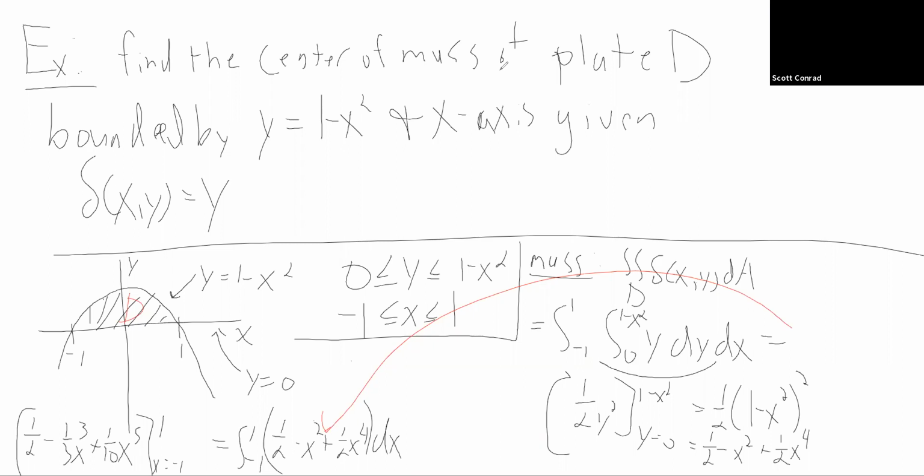And so we're just basically multiplying by 2 each time. So we get 2 times (1/2 minus 1/3 plus 1/10).